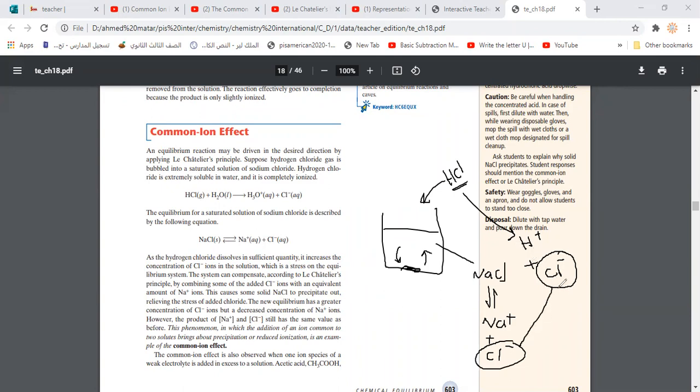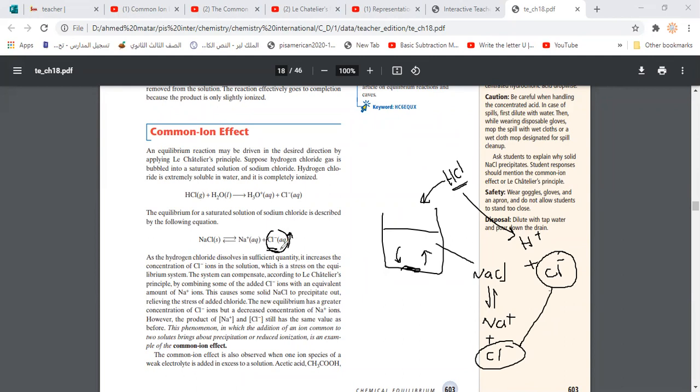The concentration of chlorine increases, and that is considered a stress on the equilibrium, because in equilibrium the two sides must be equal.